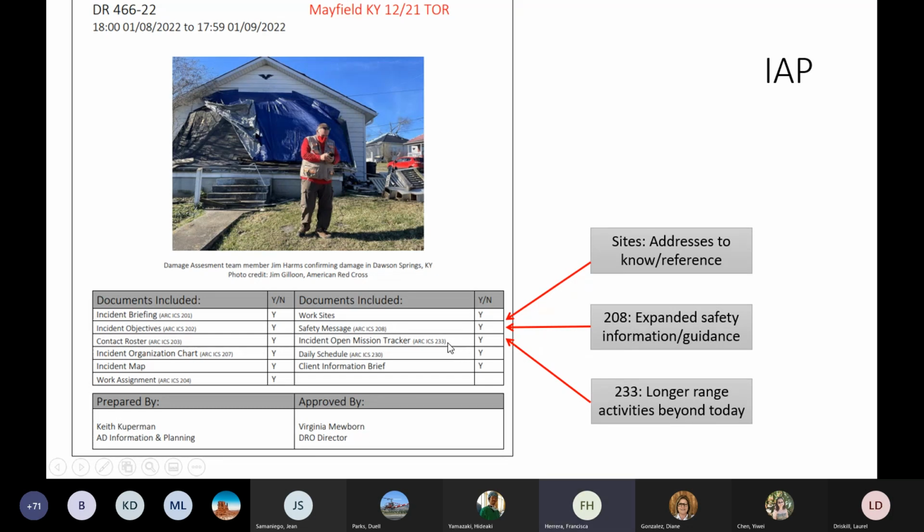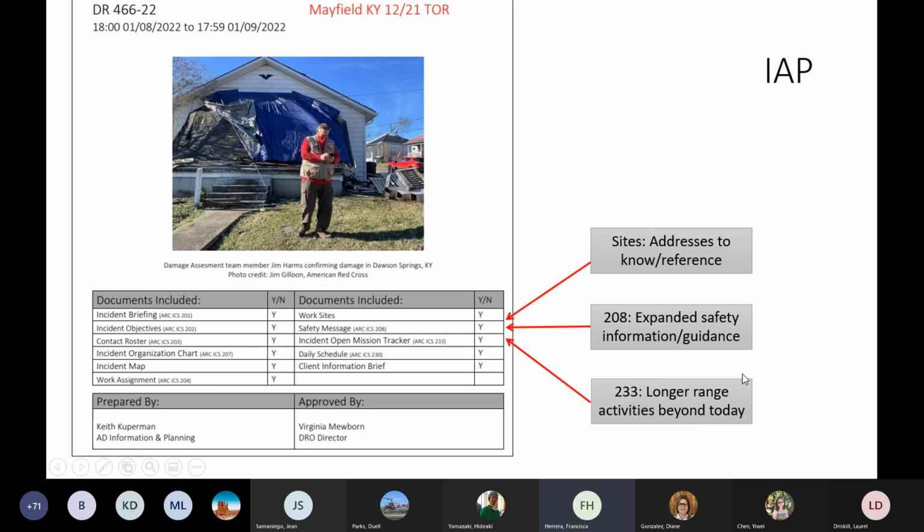And then we have the Incident Open Action Tracker. This is the ICS 233 document. If you notice, it says Open Mission Tracker. That is a modification Red Cross made, whereas the 233 in the Incident Command Structure is known as an Open Action Tracker. What it does is provide visibility of what else is coming on the horizon. It's not the plan for that operational period for today, but it will be the things coming in the third day or the fourth day or the fifth day and beyond that the leadership is beginning to track.